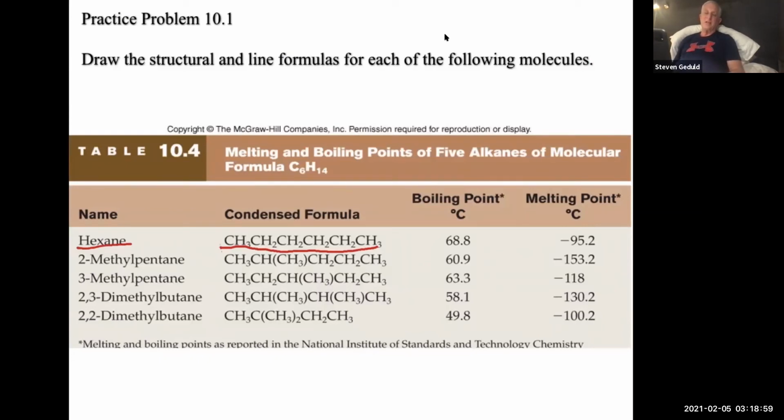Hexane was 6. Methane, ethane, propane, butane, pentane, hexane. Hexane is 6 carbons. Okay? If you look at when branching occurs, this CH3 group means this is applied back to that carbon. This CH3 group applies back to that carbon, this one to that carbon, and both of these apply back to that carbon.